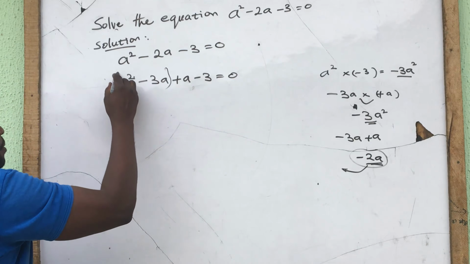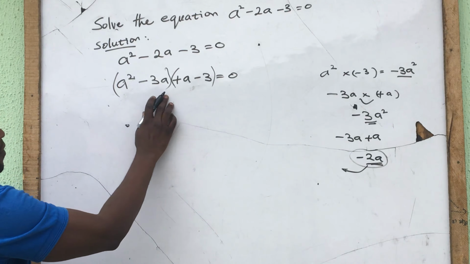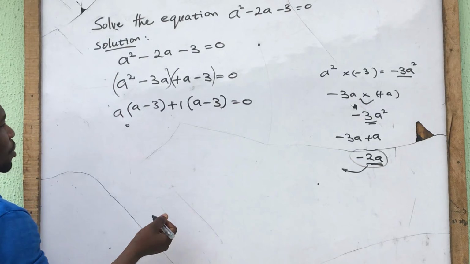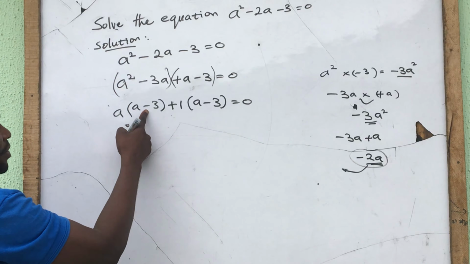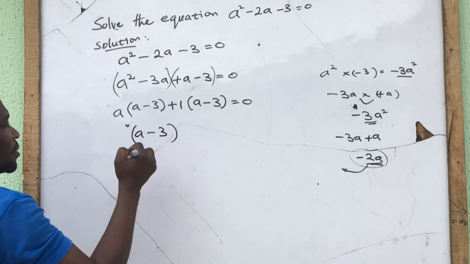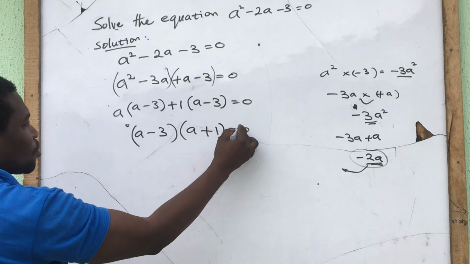So if I group them together, meaning a into a minus 3 plus 1 into a minus 3 equals 0. If you look at it very well now, a minus 3 is the common factor here. So meaning a minus 3 times a plus 1 equals 0.